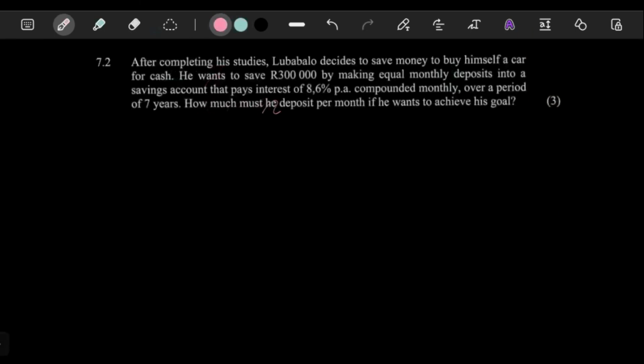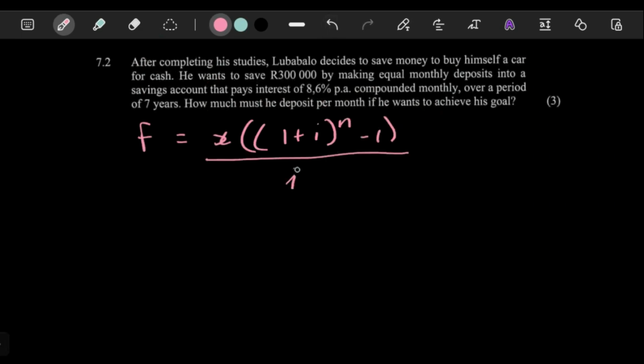How much must he deposit per month if he wants to achieve this goal? So it's a normal monthly installment question, this one. So we don't need to overthink it. Otherwise, we're just going to be doing ourselves an injustice.